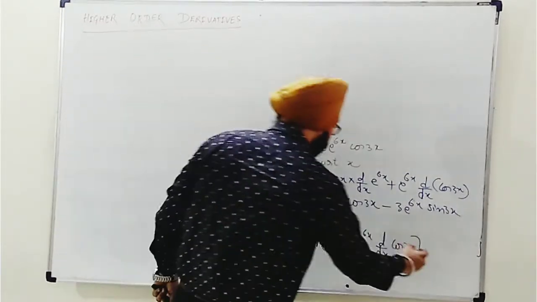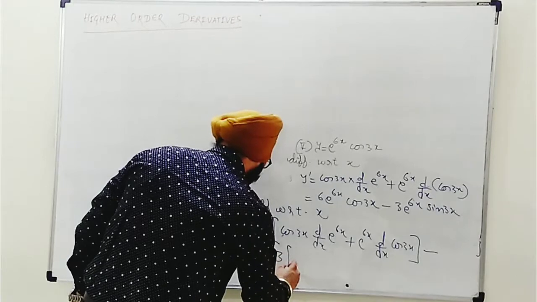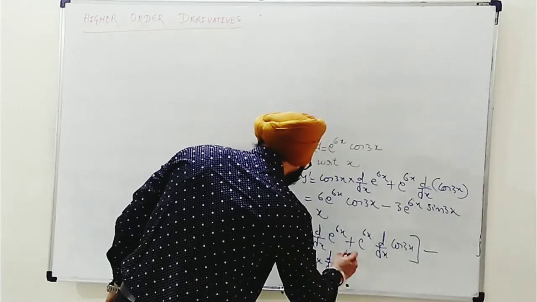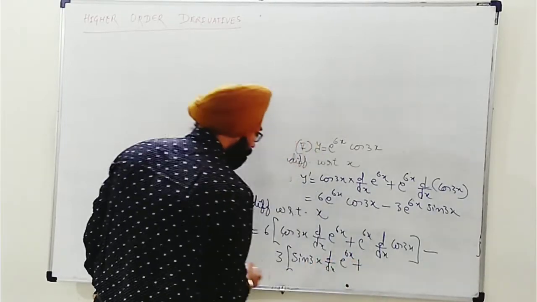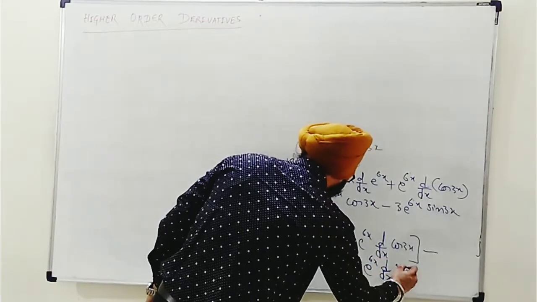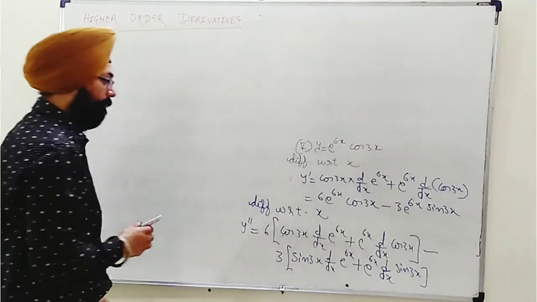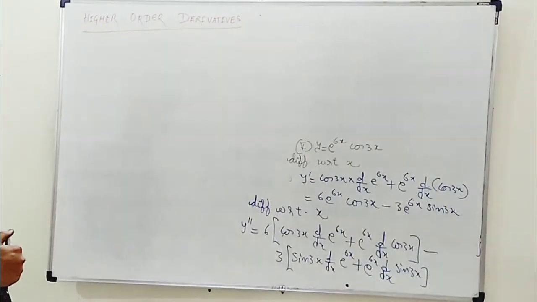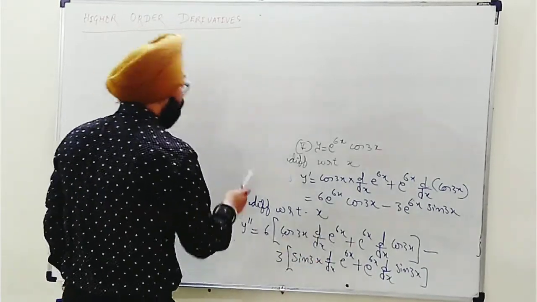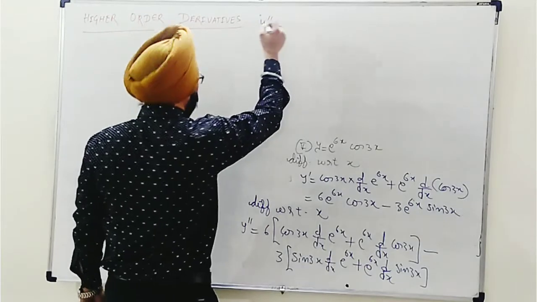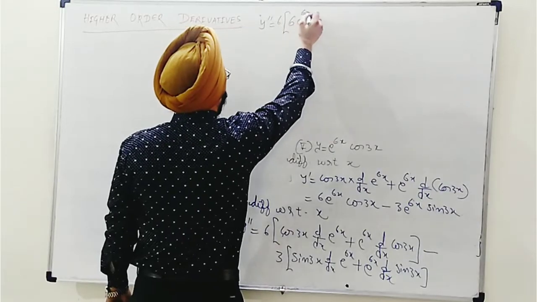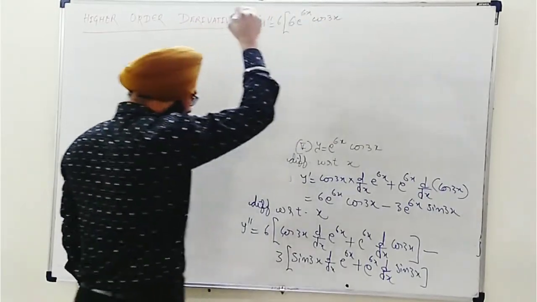The same thing there also, minus 3 outside as a constant, sin 3x remains as it is, but differentiation of e to the power 6x with that, and plus e to the power 6x as it is, and d by dx of sin 3x. Careful. What we have obtained here, this will give us again 6 e to the power 6x. Y double dash, we will get 6 e to the power 6x cos 3x.